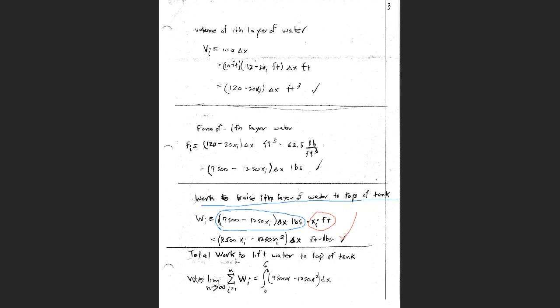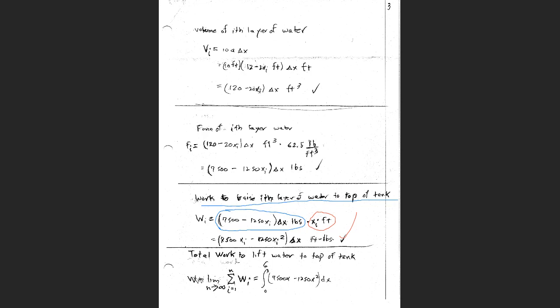At least in terms of distance, layers of water near the top of the tank have to get pumped less of a distance than layers near the bottom. However, layers of water near the bottom of the tank are going to have a smaller volume in this triangular wedge-shaped tank than layers at the top. So there's kind of a trade-off here.